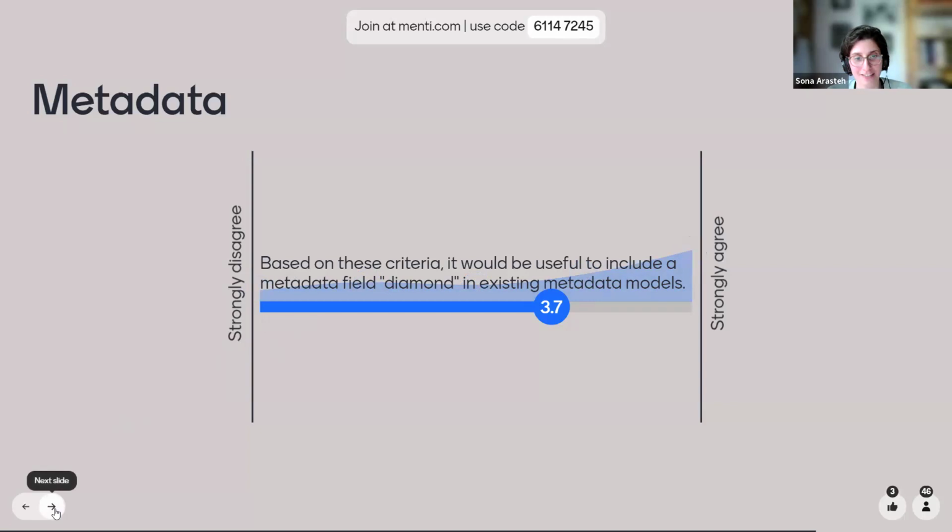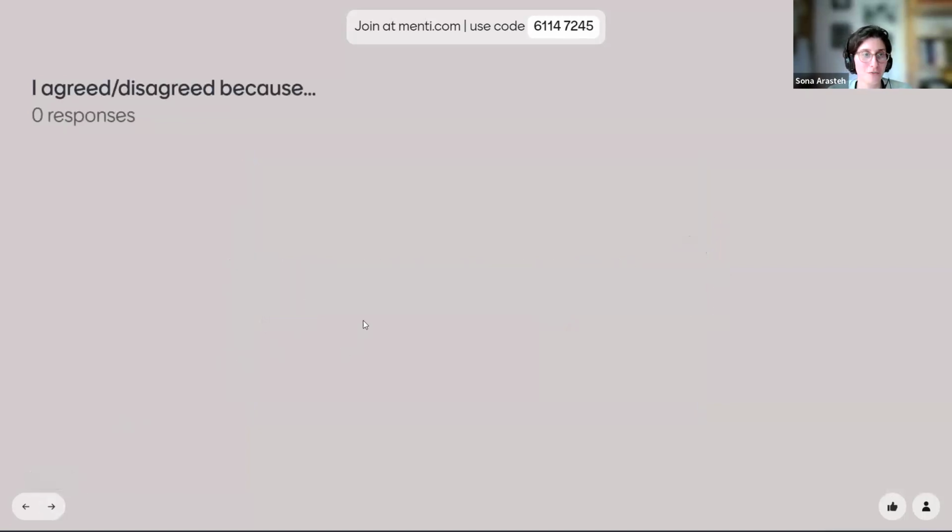Let's have a look at what you think about why you disagreed or agreed with that. One reason is probably that it is not another metadata field, which would be a fair assessment, I would say.